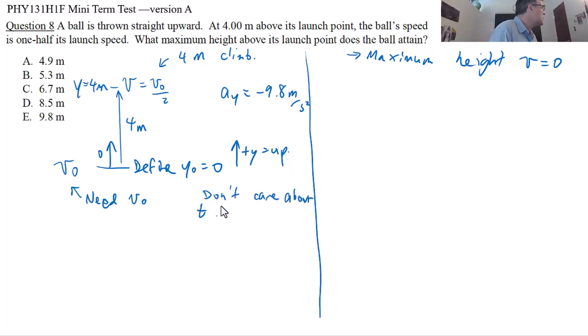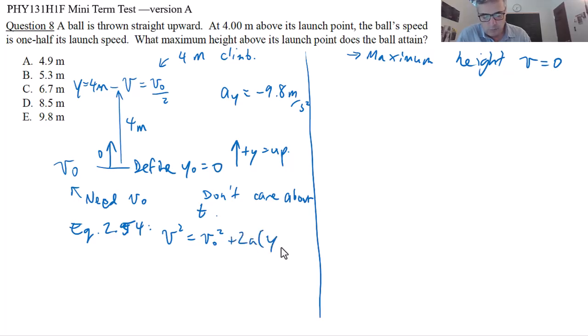So that means we use equation 2.54, which is that v squared is equal to v0 squared plus 2 times a times y minus y0. Again, I've replaced the x's with y's because we're doing vertical motion. Okay, and we'll call this a sub y.